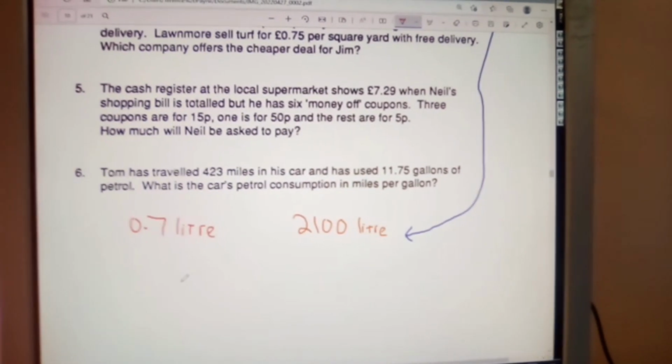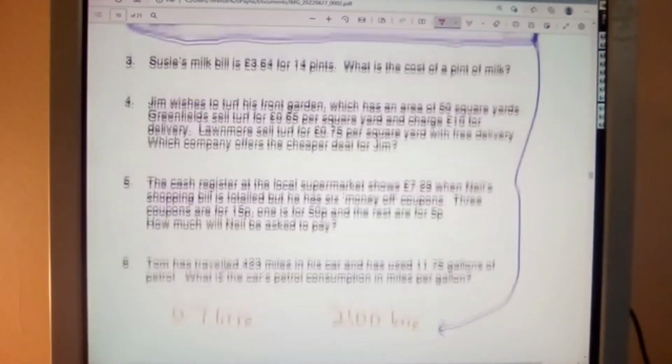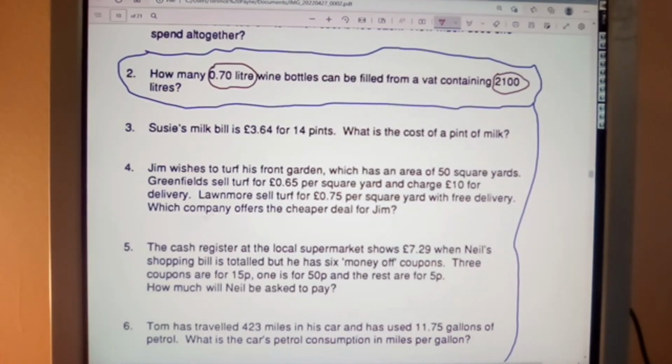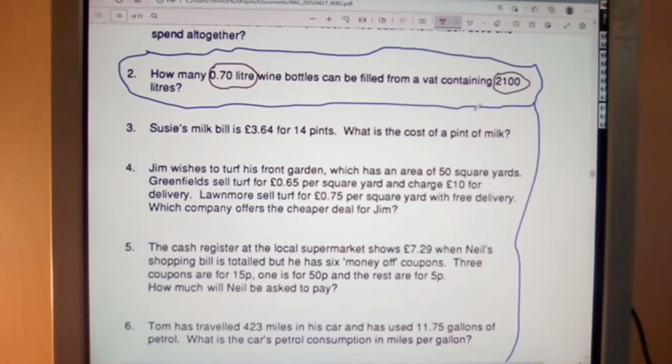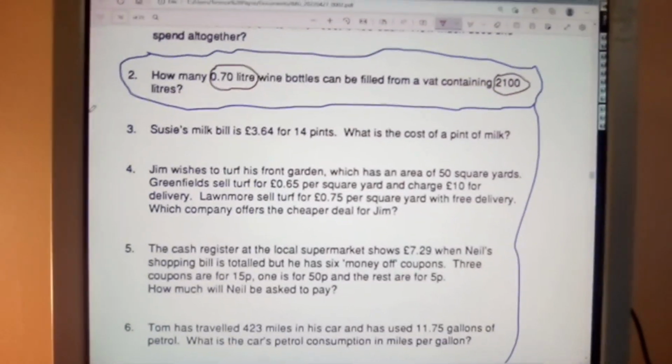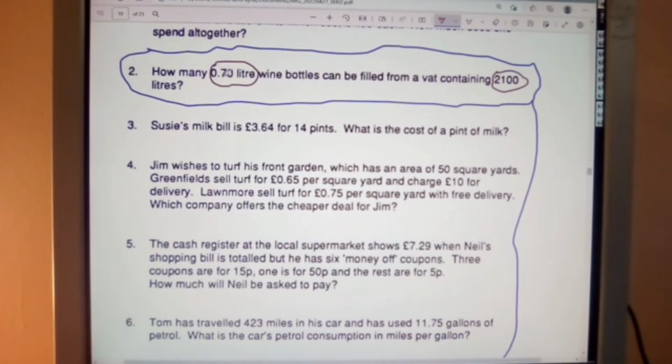Now, to find how many 0.70 liters there are in 2,100 liters, we have to divide. You have to look at this as part of 0.70. There's 100, that's a fraction of a liter.